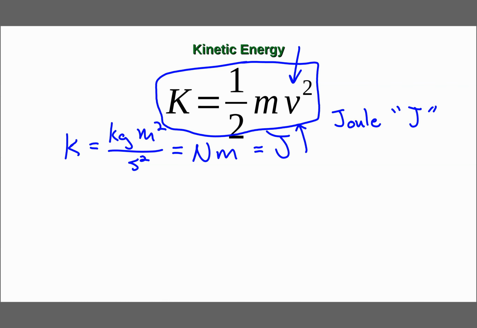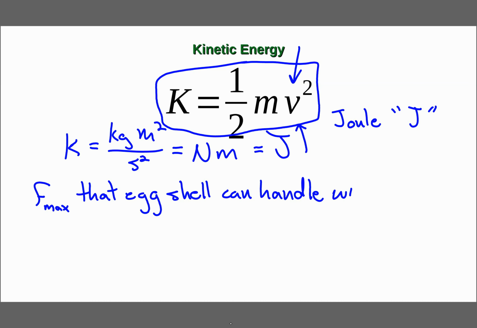Okay? So we know that if I put too much force on the shell of an egg, the eggshell breaks, right? So I have some F max that the shell can handle without breaking.